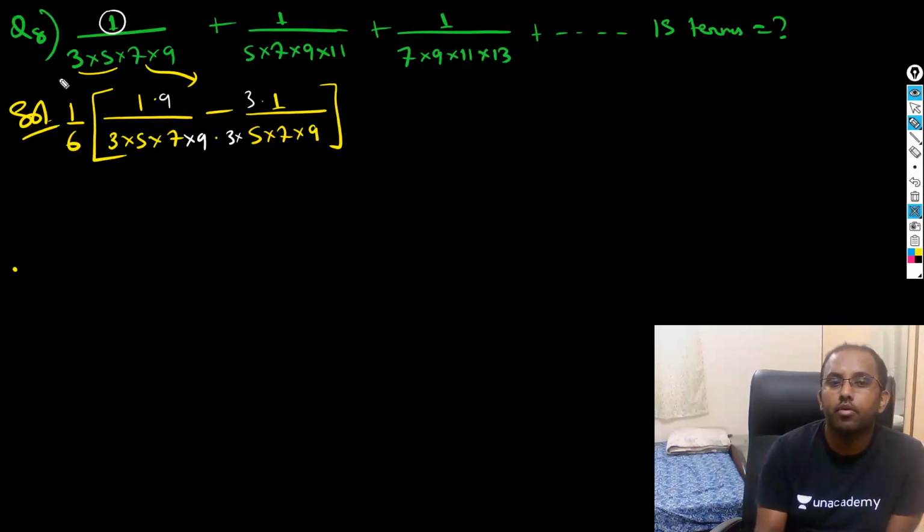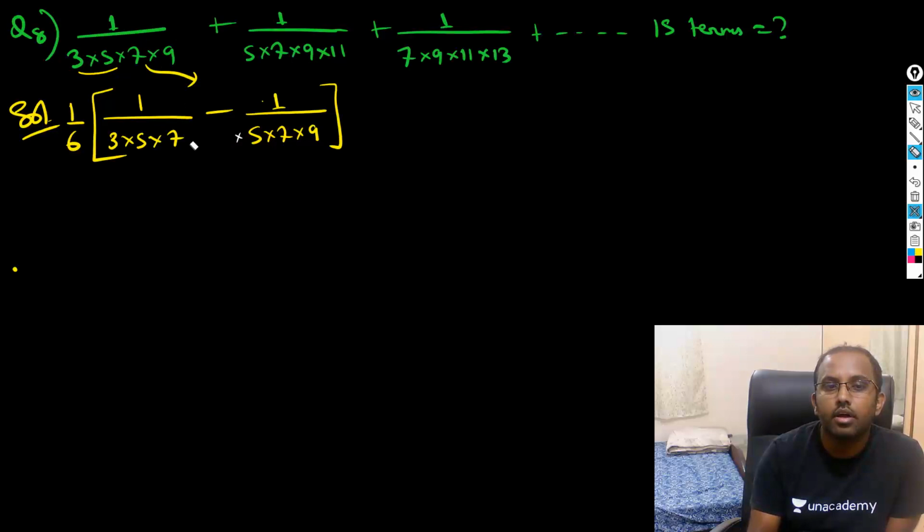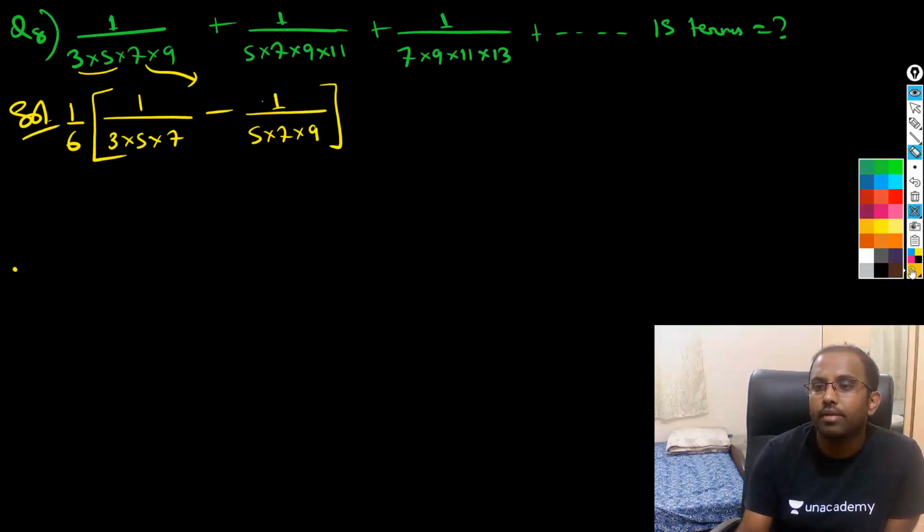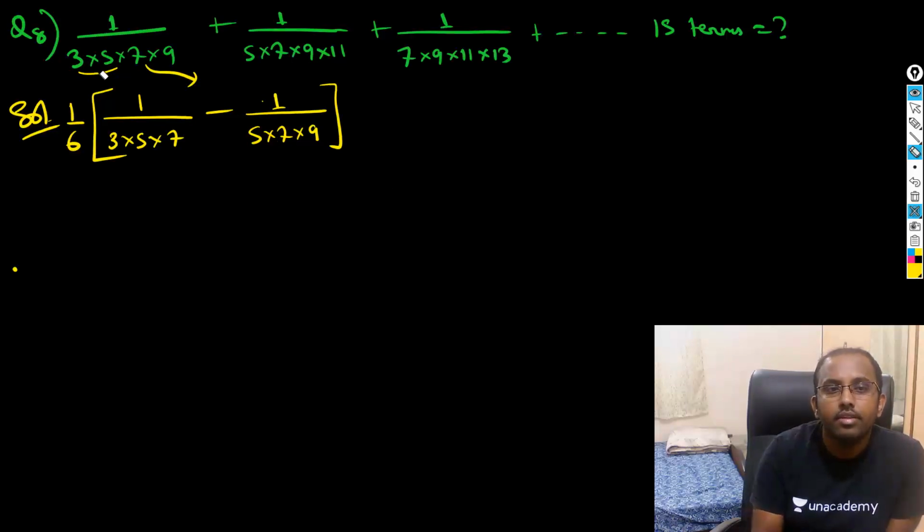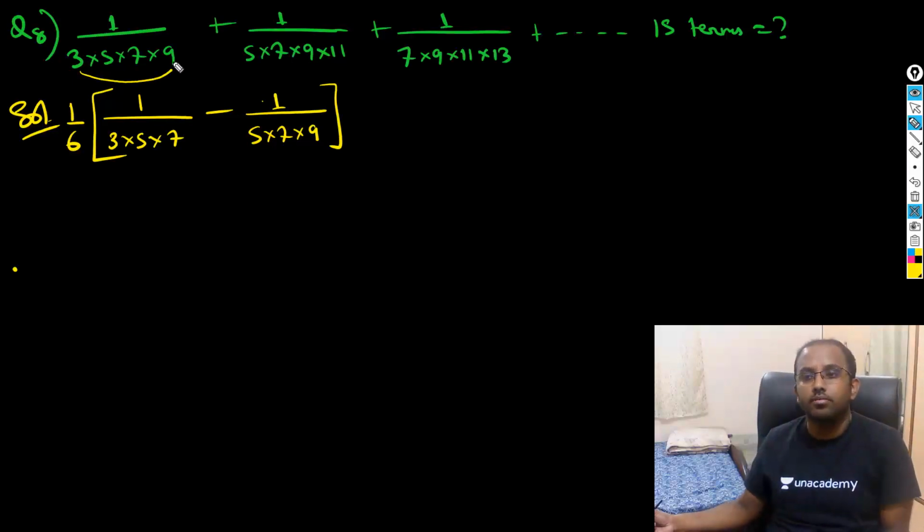So what is this 1 by 6 here? 1 by 6 is basically the gap of always the first and last term, 3 and 9, that gap is 6 here, correct?